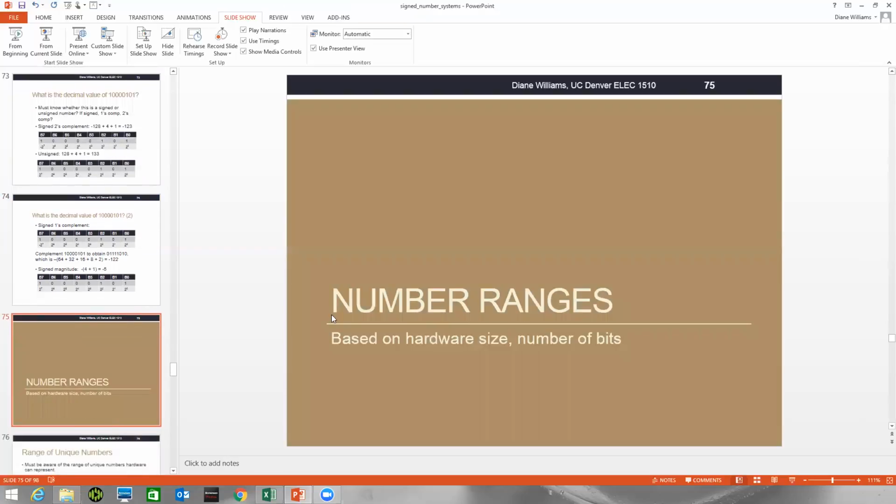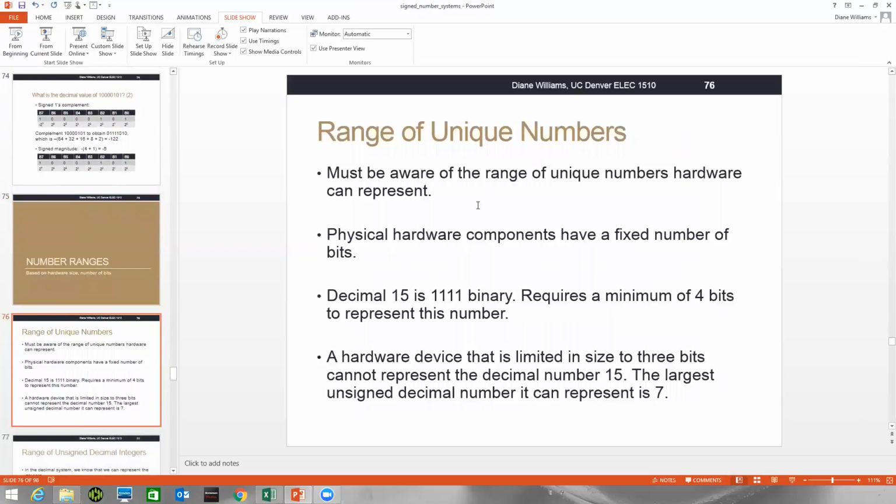All right, we're about to the end of our topics now. Let's talk about number ranges. Number ranges are based on hardware size, or the number of bits. We're always concerned with how many unique numbers we can represent with the number of bits. Unique numbers represent unique information. Computers store information.